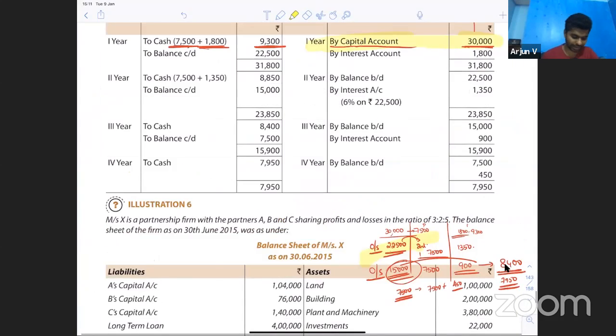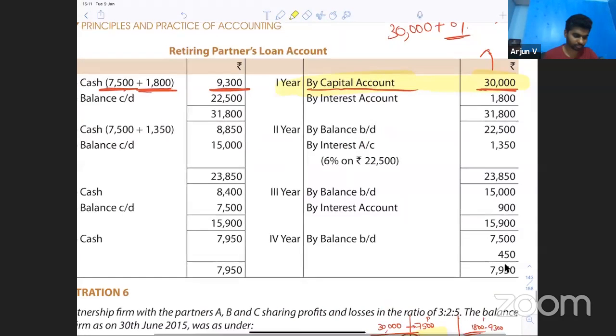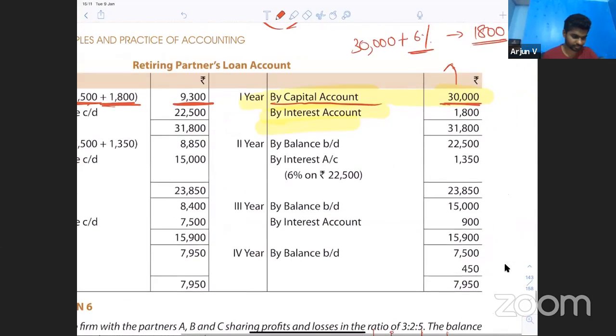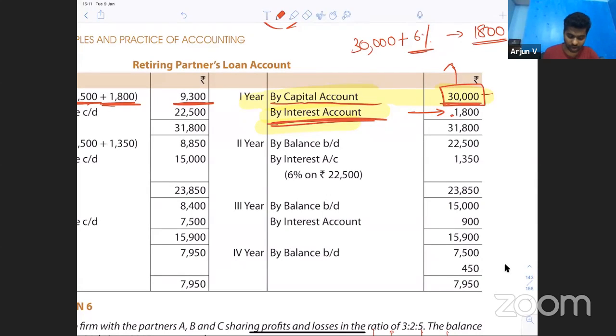So every time you calculate your interest, see here, first year interest, that's 1,800 interest. Whatever I pay is going to come on my credits. So first year, 30,000 is the outstanding amount.